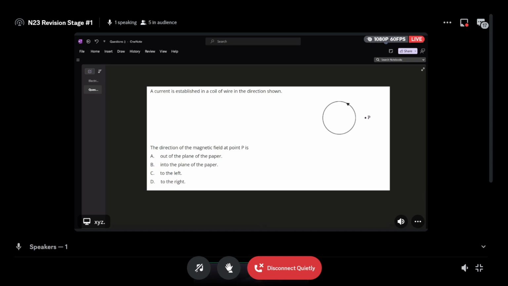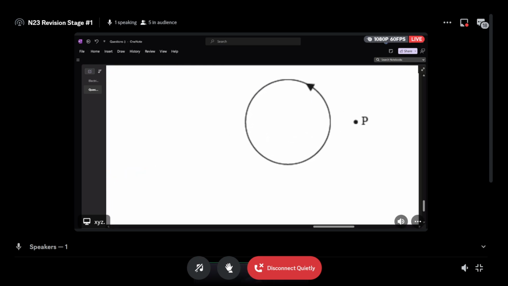So we want to find the direction of a magnetic field at point P. Since we know that this is a coil of wire, so it's essentially a wire arranged in a circle with a current going through it, that means that a magnetic field will be formed.